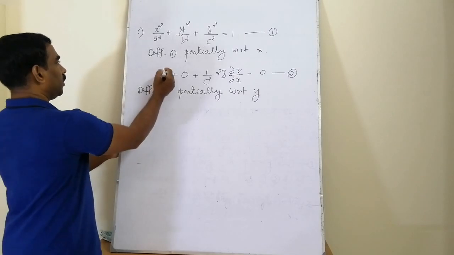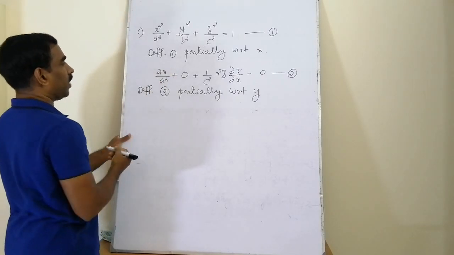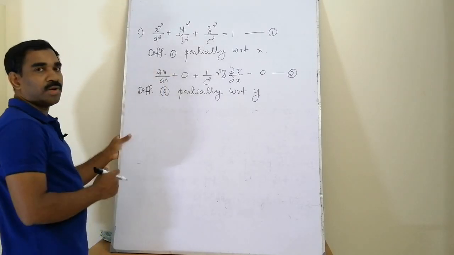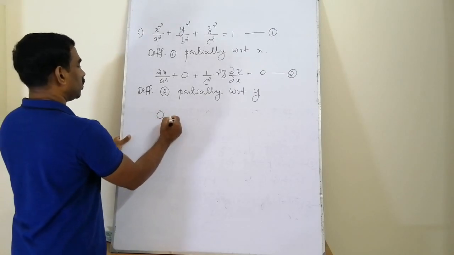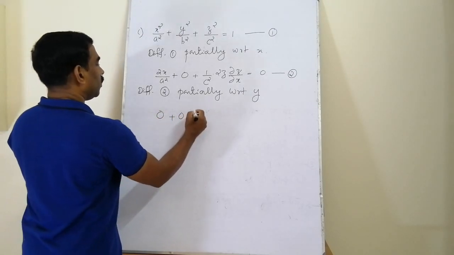So we take the derivative of the first expression with respect to y. Because it is independent of y, this value is equal to 0, and this is equal to 0.